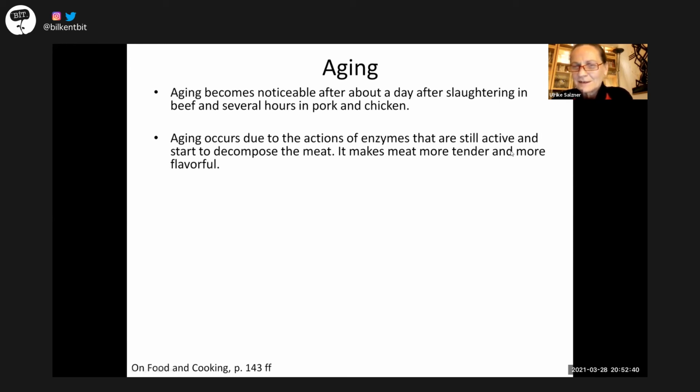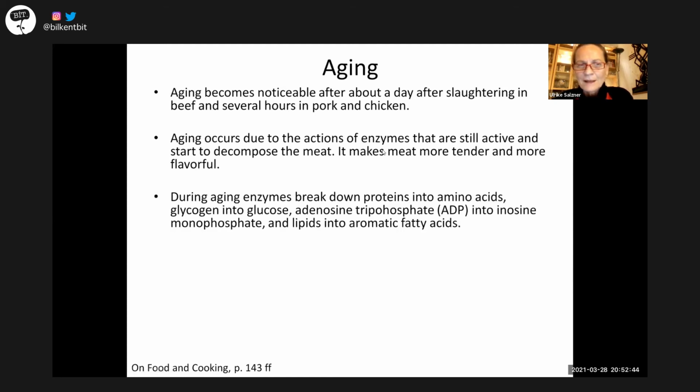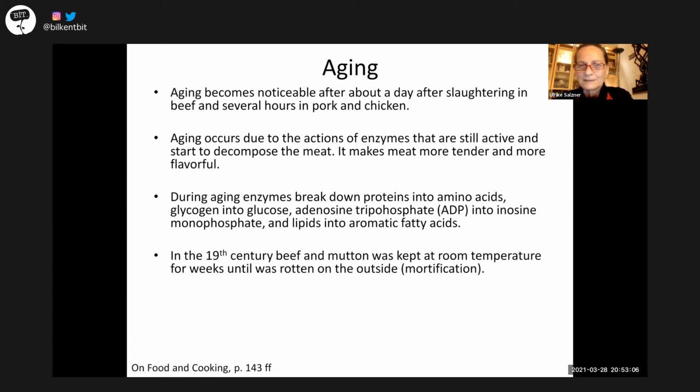The meat starts changing its taste and its structure. During the aging, the proteins are broken down and you form amino acids. The glycogen, which is a sugar polymer, goes to glucose. Adenosine triphosphate is there and inosine monophosphate, and the lipids are broken down into fatty acids. The whole thing creates flavor. The meat becomes much tastier.